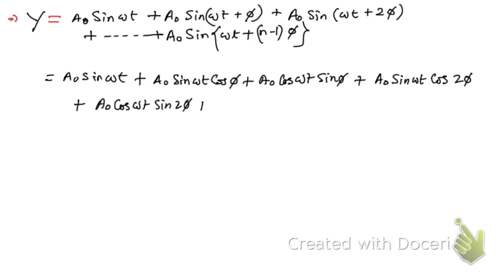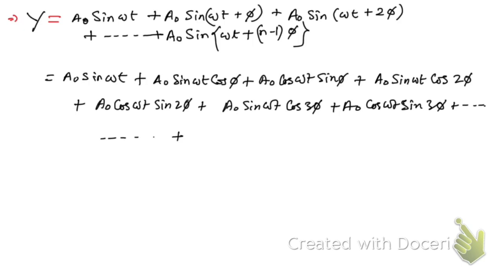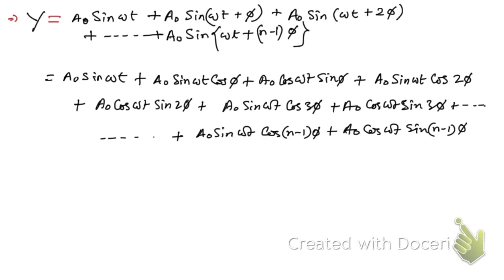Then a naught sin omega t cos 3 phi plus a naught cos omega t sin 3 phi, and so on, and at the end a naught sin omega t cos n minus 1 phi plus a naught cos omega t sin n minus 1 phi.